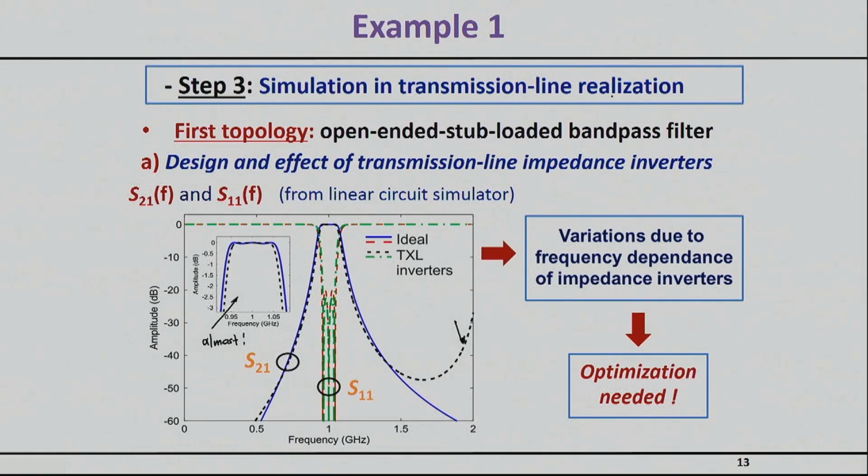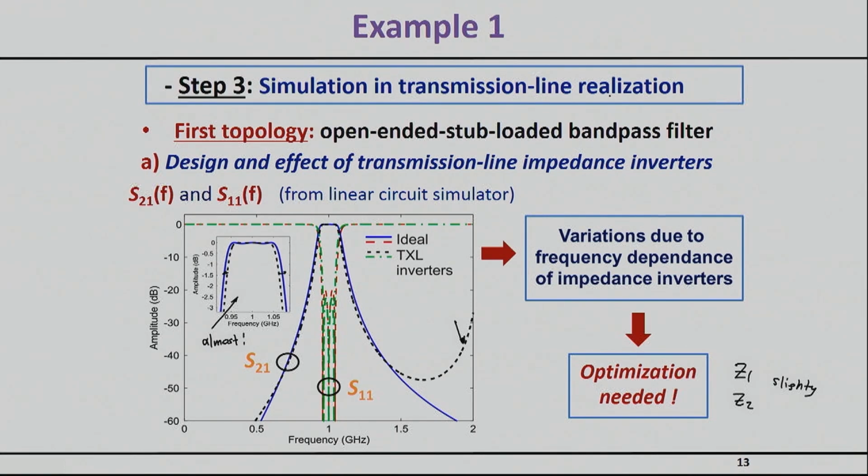And so that means you have to do a little bit of tweaking. Now, some people decide to do the tweaking or the optimization at the very end of the filter design process, so they will just leave things as they are. Some people will actually decide to do it step by step. So the optimization that we need to do here, if you decide to do it that way, is you need to change basically the Z1 and Z2 slightly to basically bring this bandwidth back to what it needs to be.